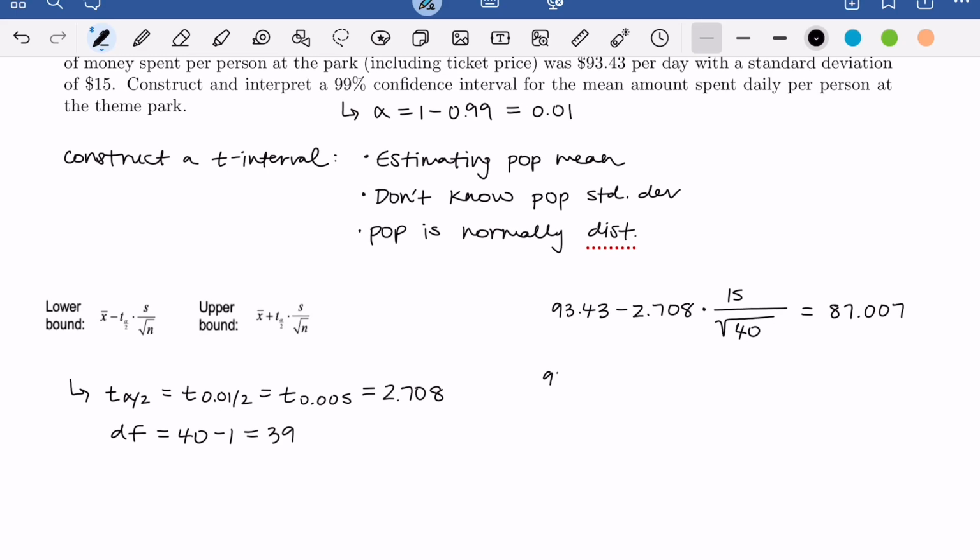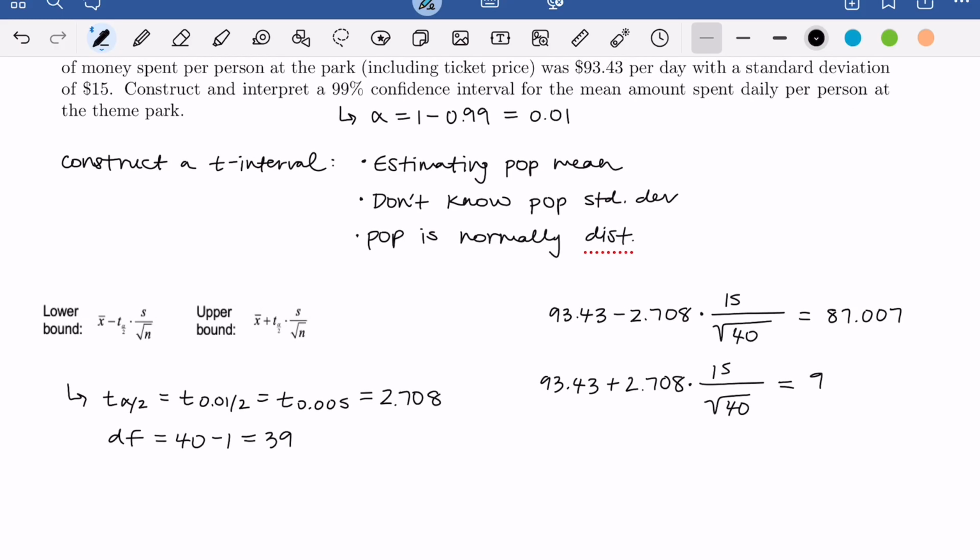And then doing this for our upper bound, but instead we're going to be adding this quantity. Plugging that into a calculator, we're going to get 99.853.